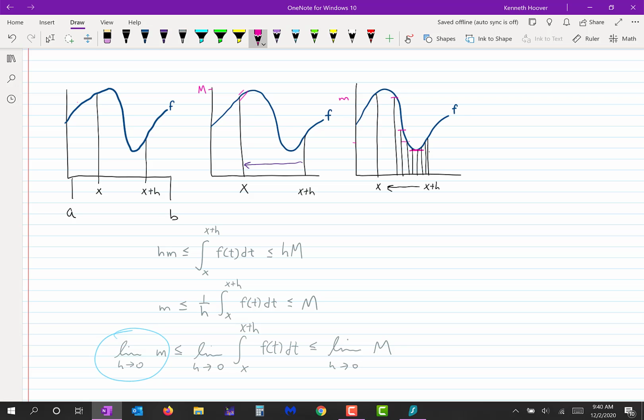And eventually, what's going to happen? It's going to get smashed over and little m is going to be forced to line up exactly right there with that height. And what is that height? That height is f of x.